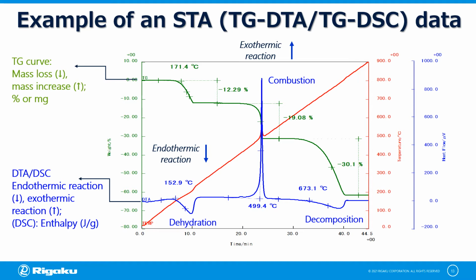And since this is measured in air atmosphere, oxygen is present and combustion of carbon monoxide to carbon dioxide occurs that produces the exothermic effect. Then in the final mass loss, calcium oxide is formed and carbon dioxide is evolved from the decomposition of calcium carbonate, which accounts for the endothermic reaction. Therefore, by combining both TG and DTA or DSC, we can estimate the kind of reaction in a material.